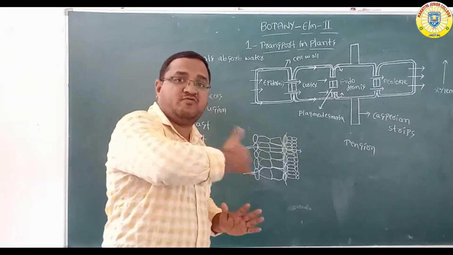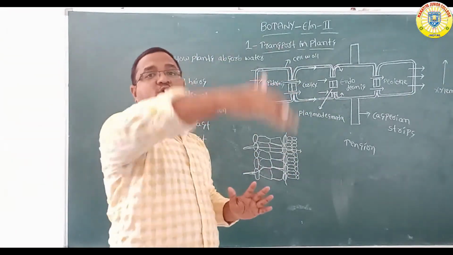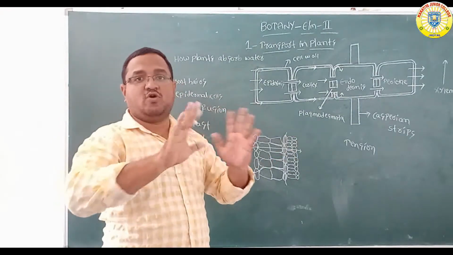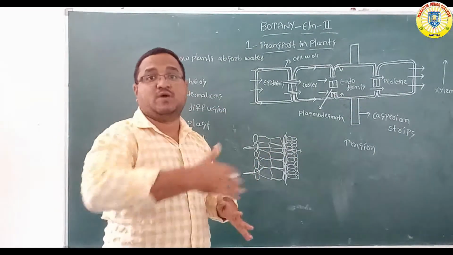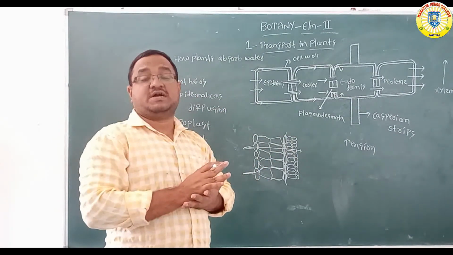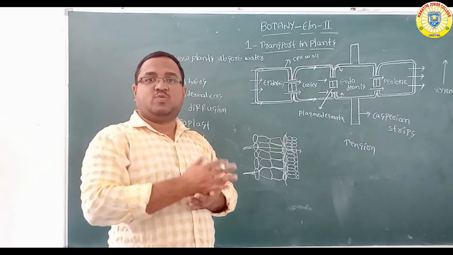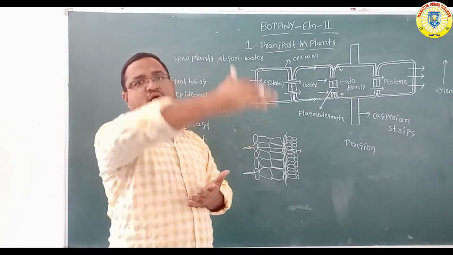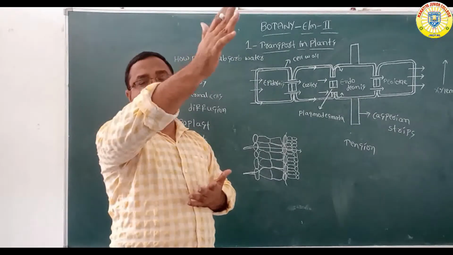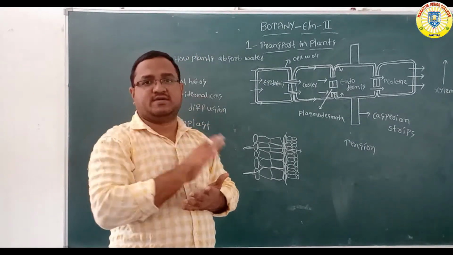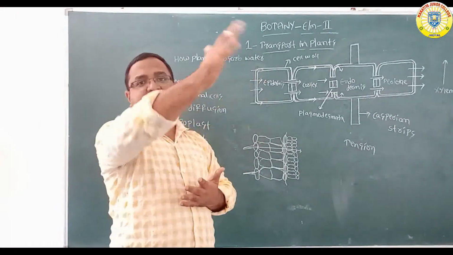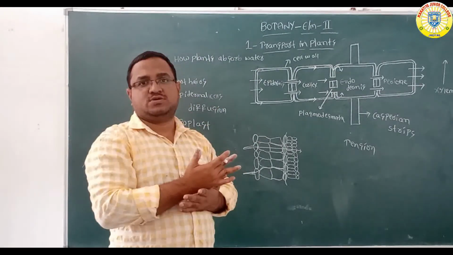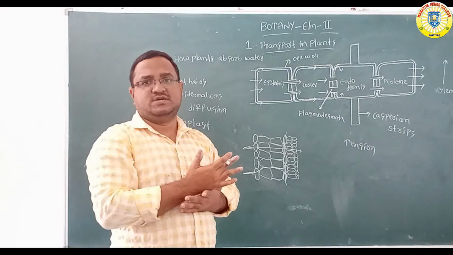So there is a bulk flow of water and there should be no barriers for movement of water. Because of the concentration gradient, water moves continuously through the intercellular spaces or through the cell walls.